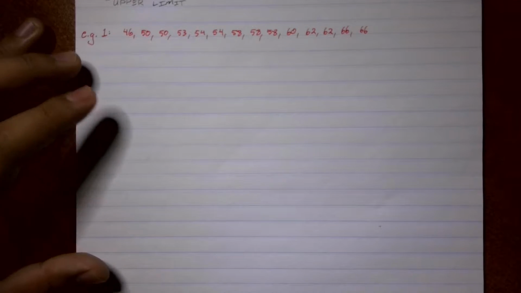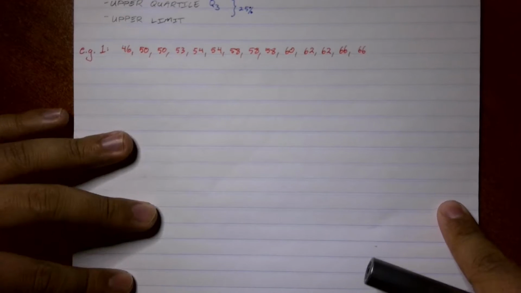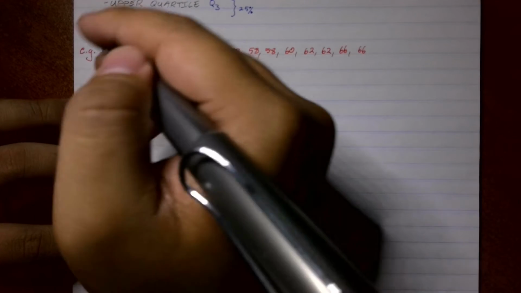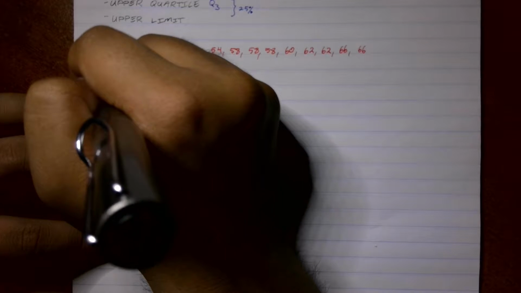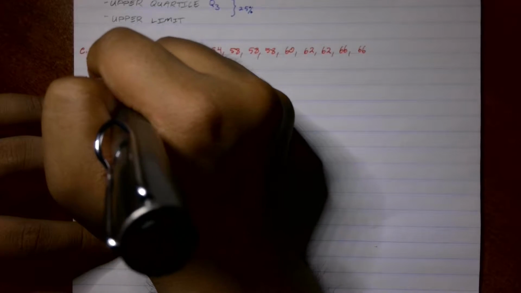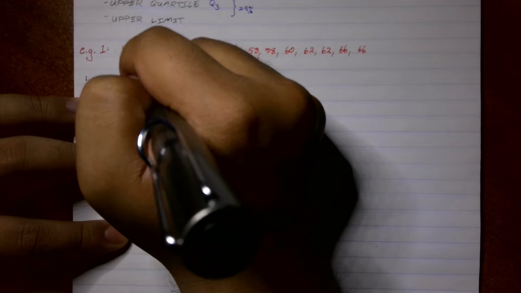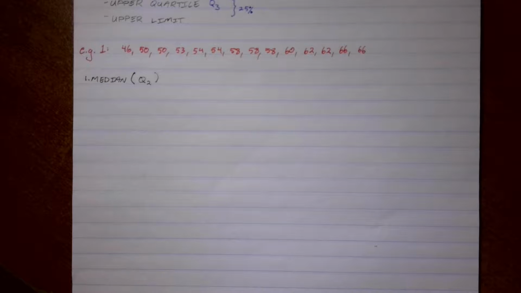The order in which we calculate these is actually very important, and there's really no other way of doing it other than this order. So the first thing we're going to calculate is the median, which I will now label as Q2. We've seen this done before.